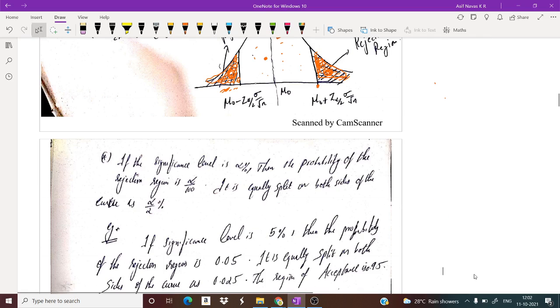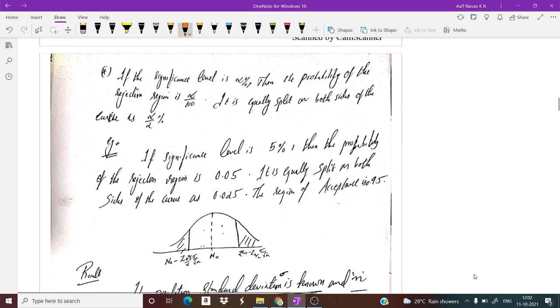If the significance level is alpha percentage, then the probability of the rejection region is alpha by 100. In a two-tailed test, if the significance level is alpha percentage, then the probability of the rejection region is alpha by 100.